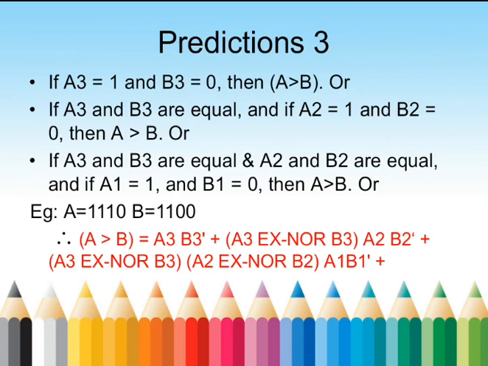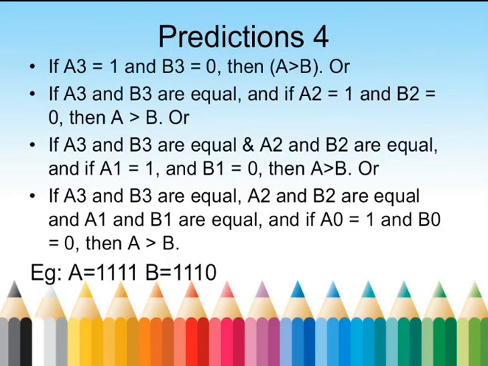So we may express this in the logic expression as A3 B3 prime plus A3 XNOR B3 into A2 B2 prime plus A3 XNOR B3 into A2 XNOR B2 into A1 B1 prime.